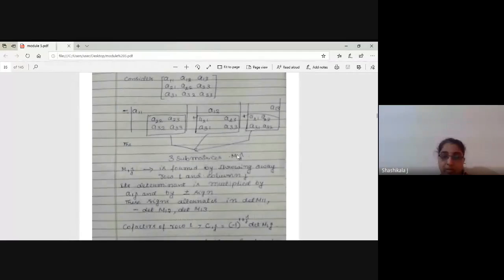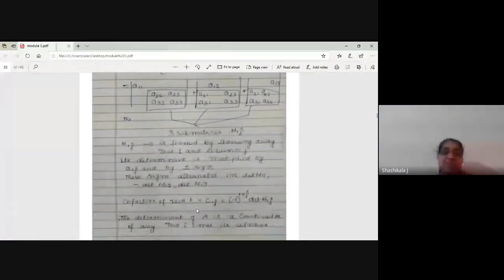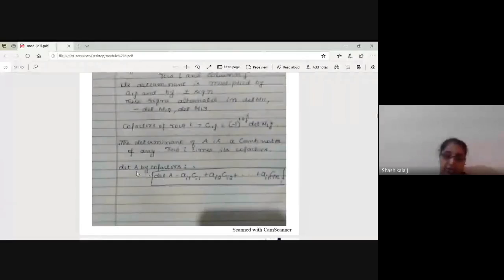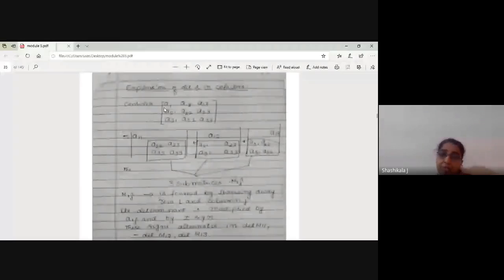Next, I will call it M1J, the submatrices for the cofactors of row 1. How do I find the determinant by cofactors? I means which row you are considering. Here I have considered row 1.